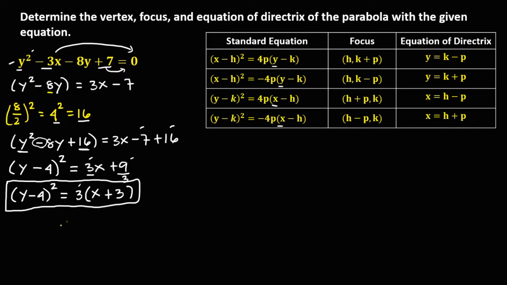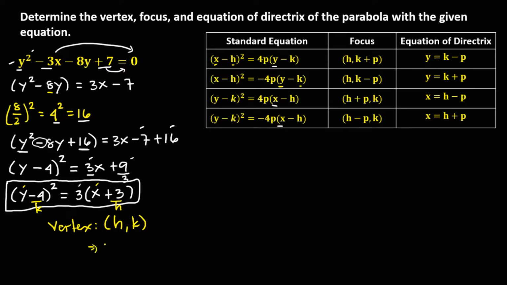Then from the standard equation, to find the vertex, since the vertex is (h, k), and from the standard equation, we have x minus h and y minus k. So if this one is x, this one is h. And if this one is y, this one is k.